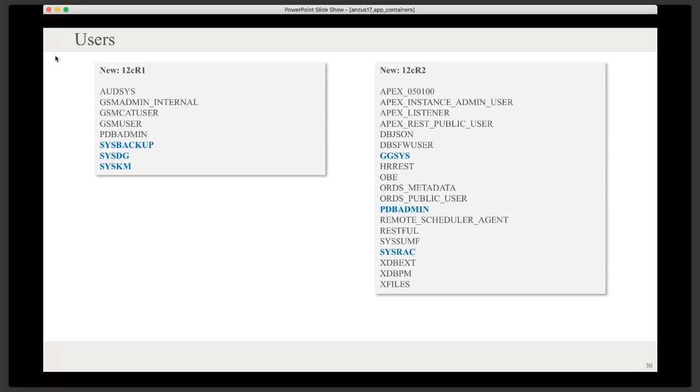In 12.2, ggsys for Golden Gate, a user called pdbadmin for administering pluggable databases, and a user by the name of sysrac. Oracle is viewing sysdba as a massive security violation. Too much power, and if somebody wants to run RMAN, we've got to give them access to everything in the database. And if somebody wants to manage a RAC cluster, we've got to give them privileges to everything.